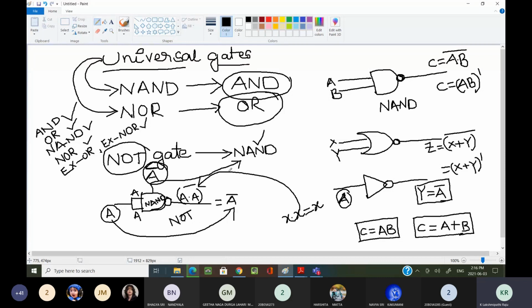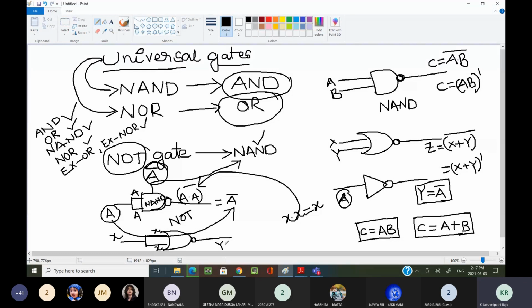Sir, how can I design the same NOT gate by using a NOR gate? The same principle: here also you consider a single input as X. I give this single input as two inputs to my NOR gate, X comma X. What is the final expression we are getting?